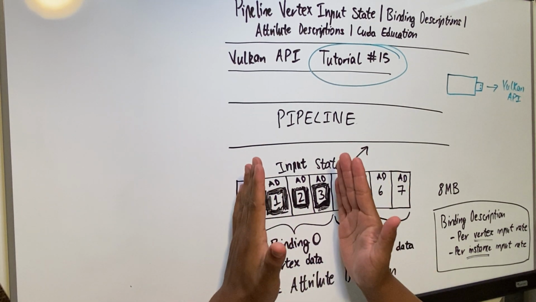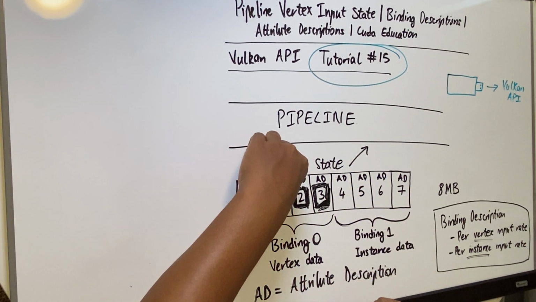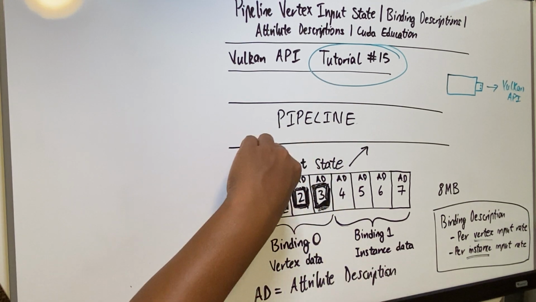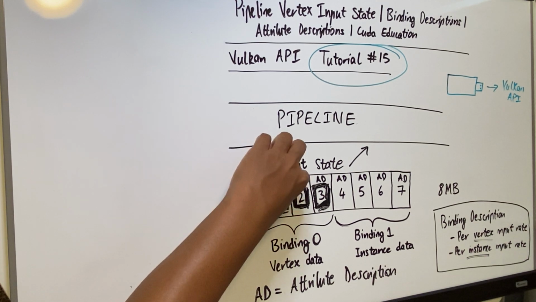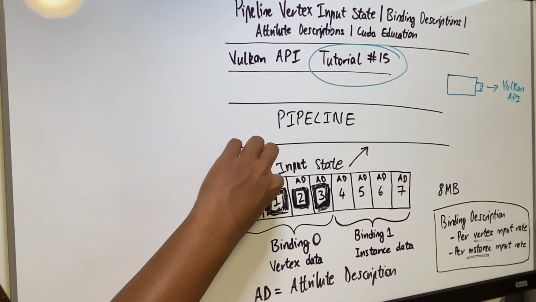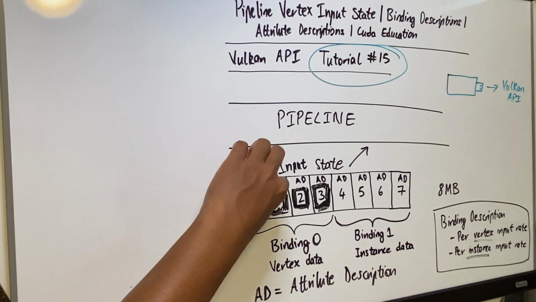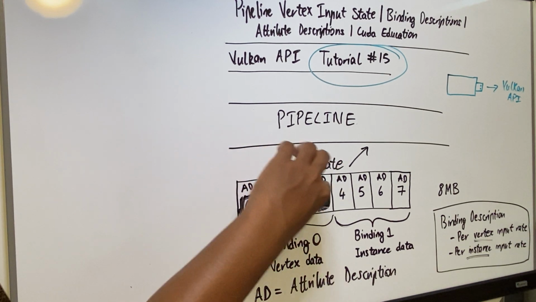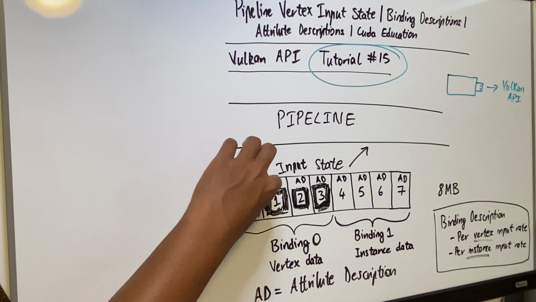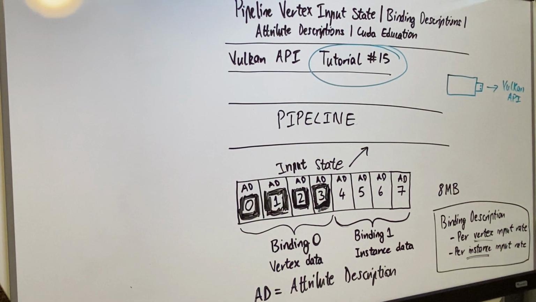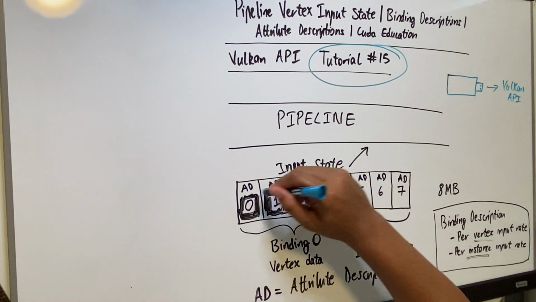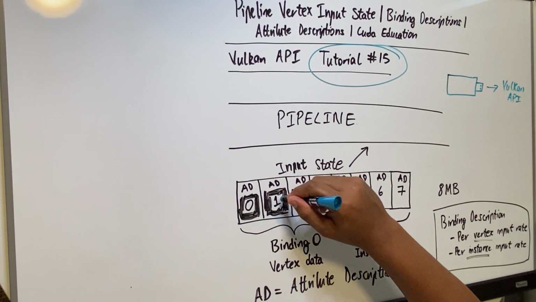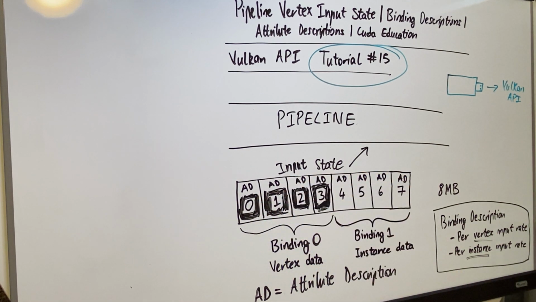So attribute descriptions now is going to describe in each one of these locations exactly what is in this particular location. So what is the format of the data? What is, I believe, the size of the data? But basically, what is the format of the data in each one of these cells? Okay? What is the format of the data for the vertex data?